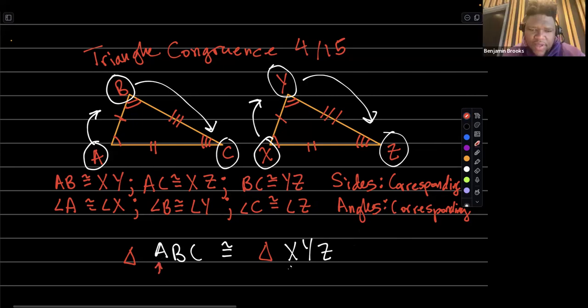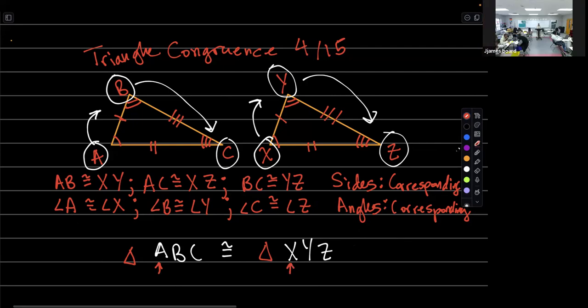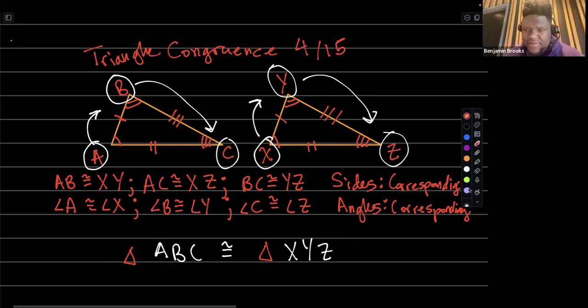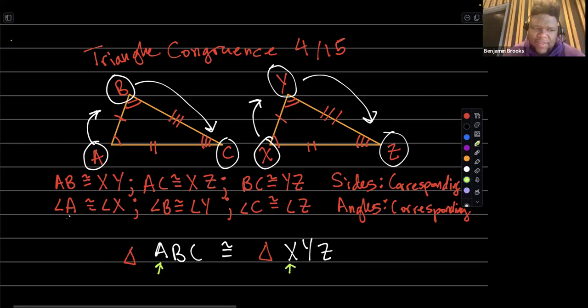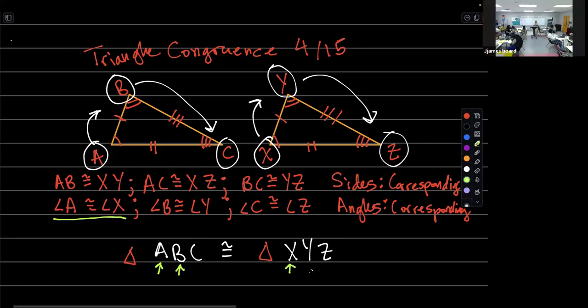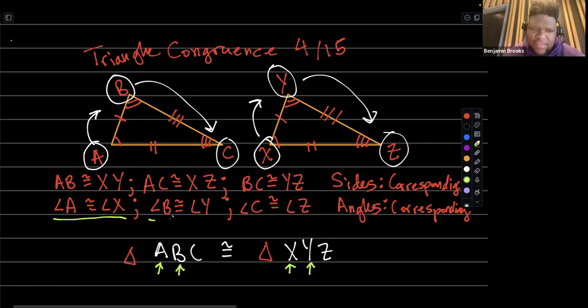Angle A is in the same place as angle X. You see how those correspond? Hold on, let me use a different color. Angle A corresponds with angle X. We get that right here. Angle B corresponds with angle Y. You get that right here. Angle C corresponds with angle Z. You get that right here.